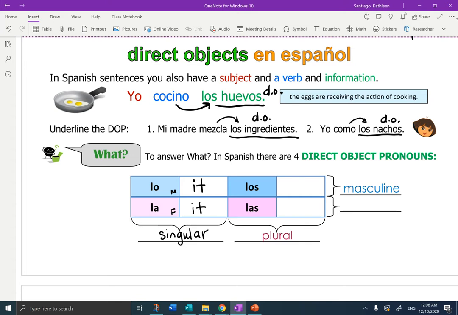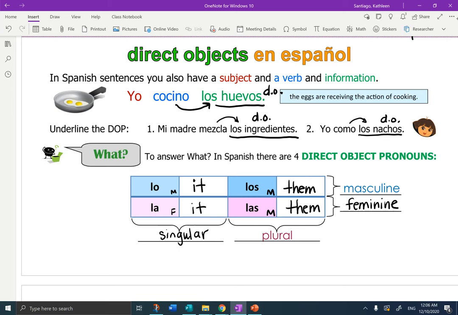Los and las both mean them. Los will be used for them masculine, and las will be used for them, I'm sorry, feminine plural. So masculine and feminine.